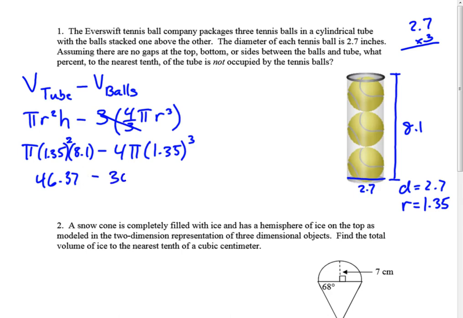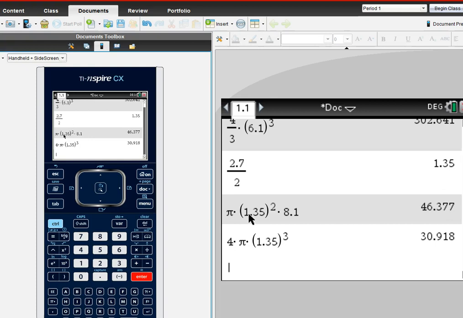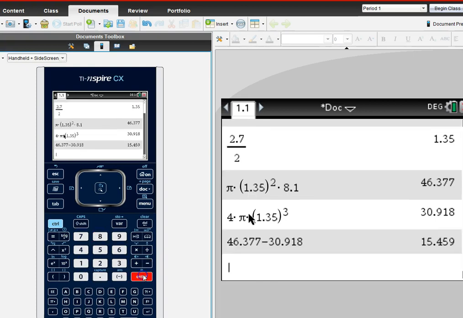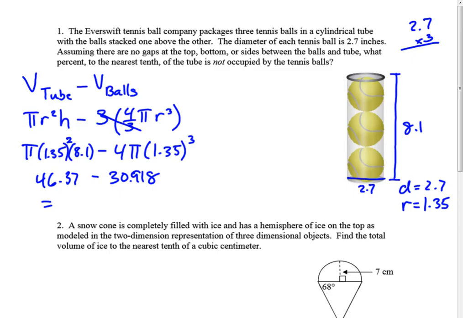So minus 30.918. We'll subtract those two, so we've got 46.377 minus 30.918, and so the leftover space is 15.459.